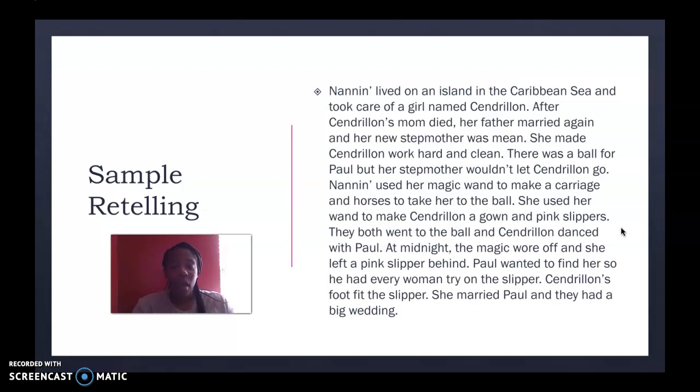There was a ball for Paul, but her stepmother wouldn't let Cendrillon go. Nanan used her magic wand to make a carriage and horse to take her to the ball. She used her wand to make Cendrillon a gown and pink slippers. They both went to the ball, and Cendrillon danced with Paul. At midnight, the magic wore off, and she left a pink slipper behind. Paul wanted to find her, so he had every woman try on the slipper. Cendrillon's foot fit the slipper. She married Paul, and they had a big wedding.